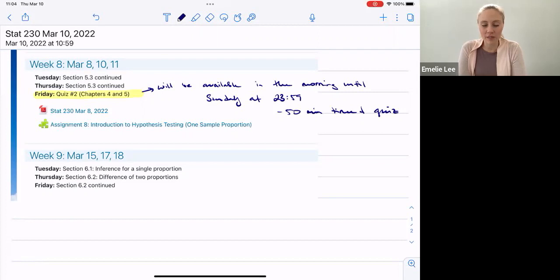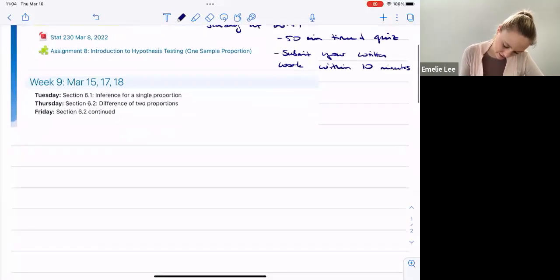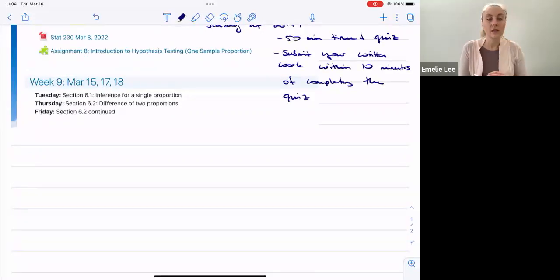It's not for marks, but if you do want me to go back and check any of your work, then of course you have to submit it within 10 minutes of completing the quiz. Otherwise, it won't be eligible for part marks, if you ask me to.